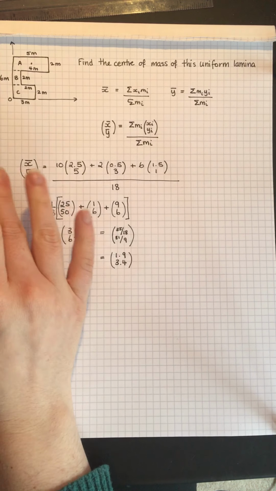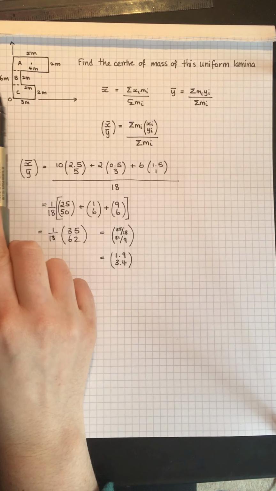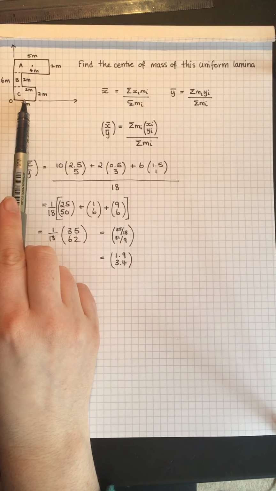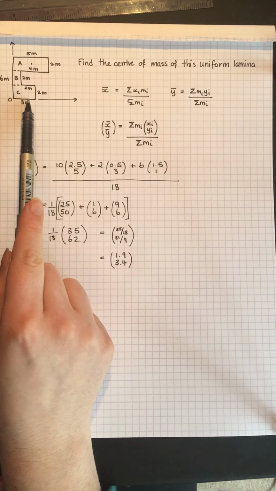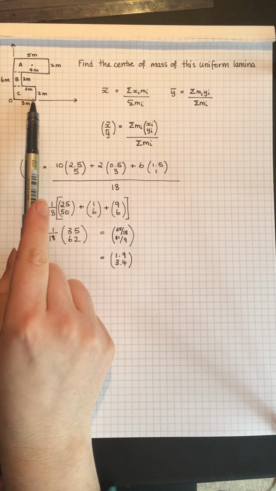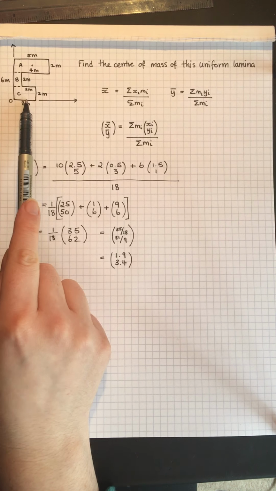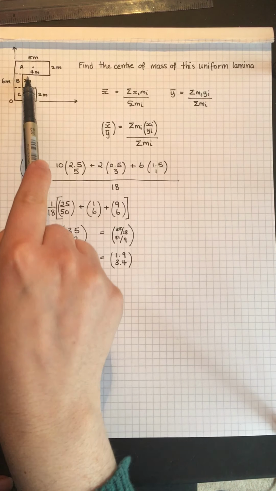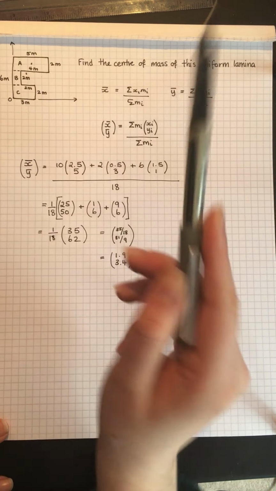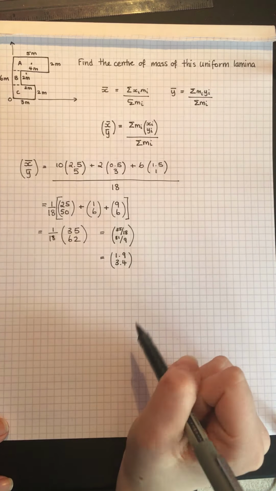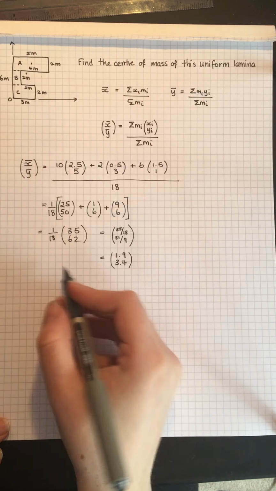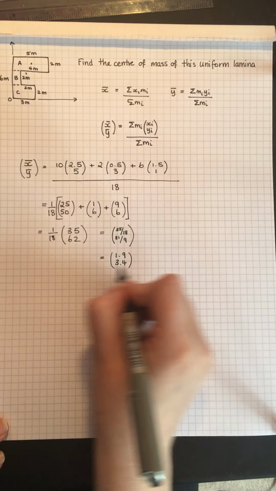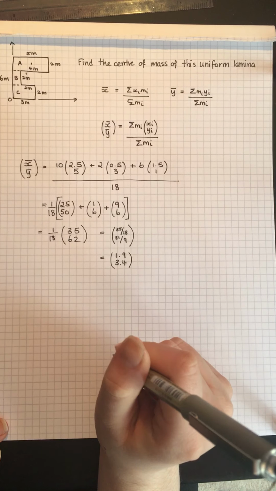So the centre of mass is going to be 1.9 meters this way, so about here-ish, sorry, and then 3.4 meters up. So the centre of mass will be about there, assuming that I drew this to scale, okay? And that is just the vector, so we could say that's the position vector of the centre of mass, that's all that is.